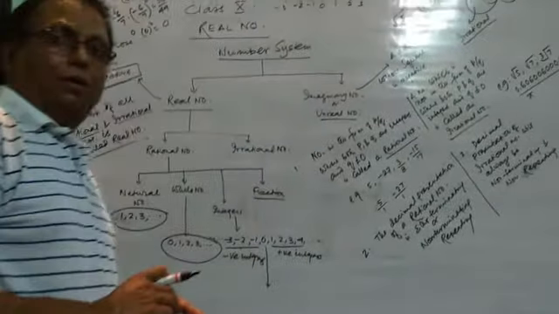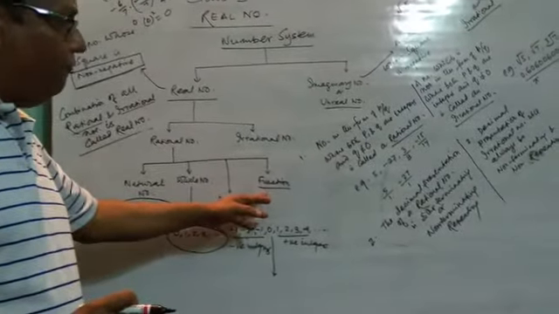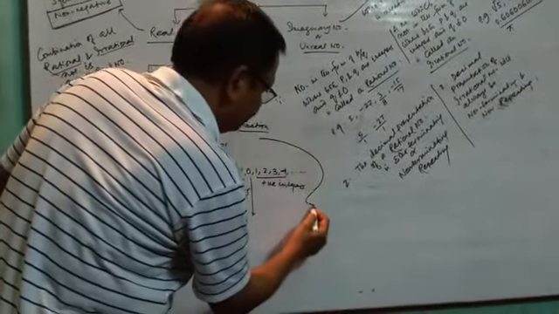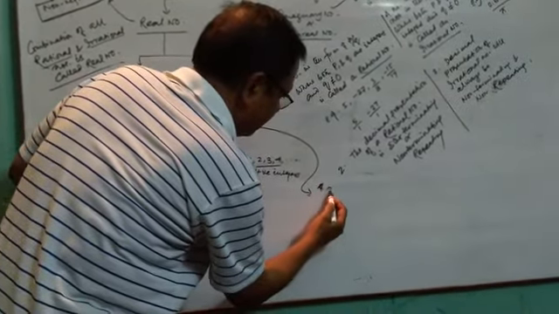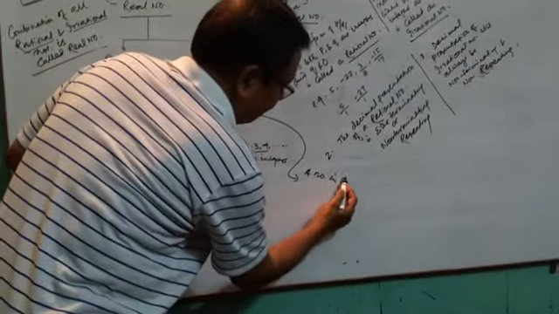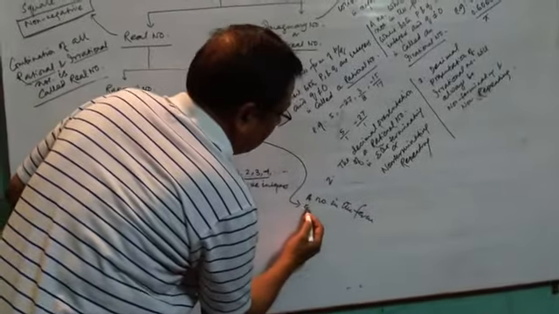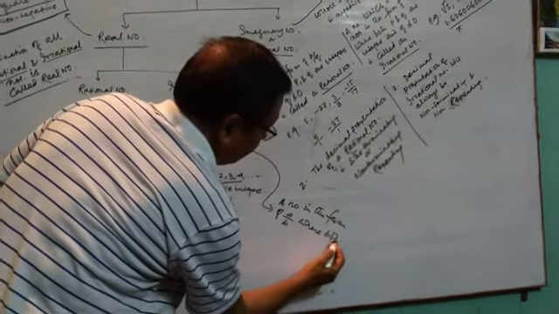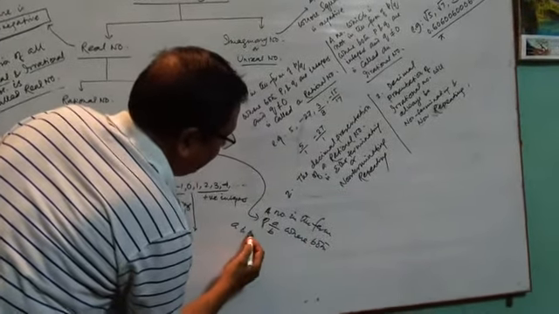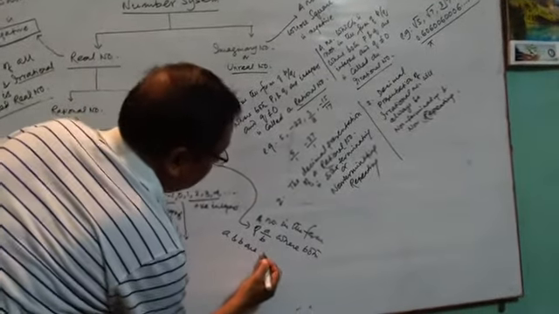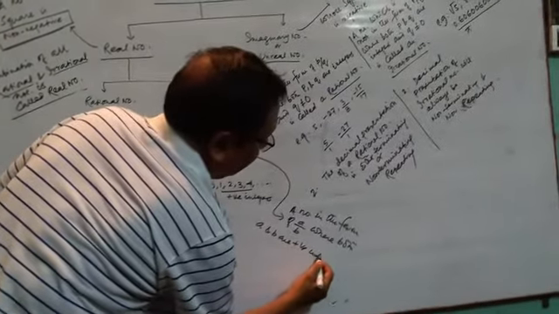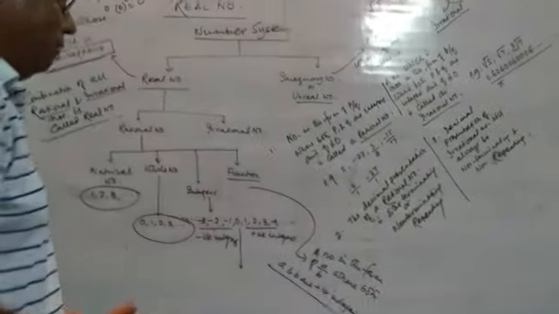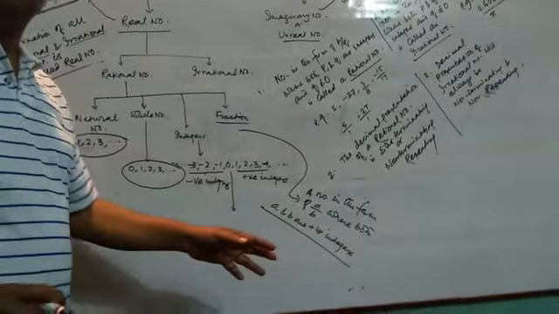Fraction: a number in the form of a by b where both a and b are positive integers.